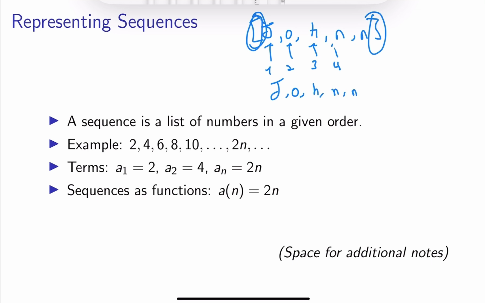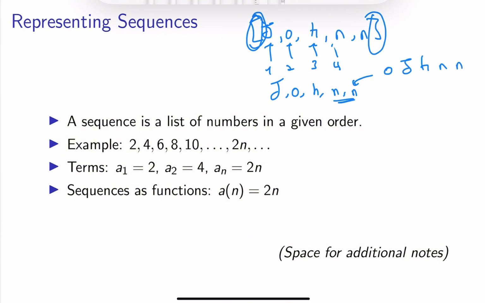Repetition is allowed, and order matters in the sense that you can't just permute two elements of this sequence and get the same sequence. For example, if you permute the O and the J, this is a different sequence, right? So the order matters in this sequence.